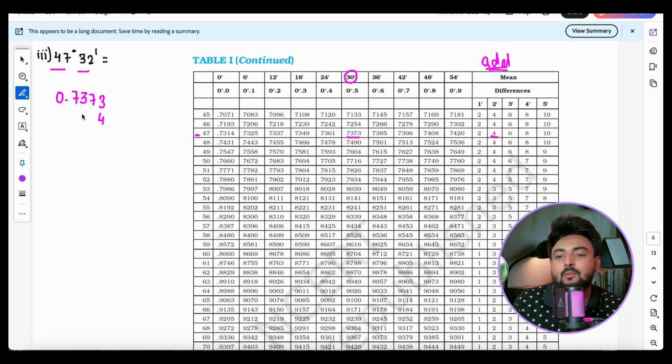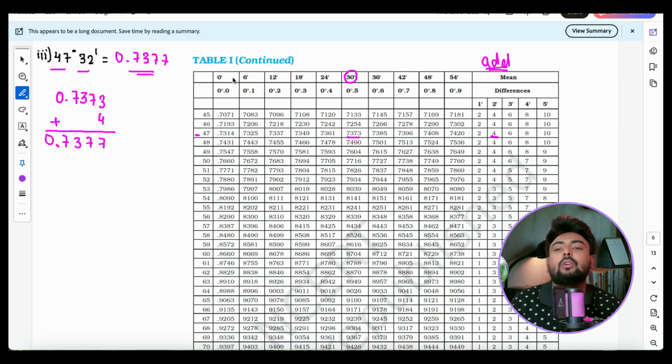You need to remember it is 4, it doesn't mean 4.00, it means 0.0004. So if I add this, I'll get 0.7377. Okay, in this way we are going to solve it.